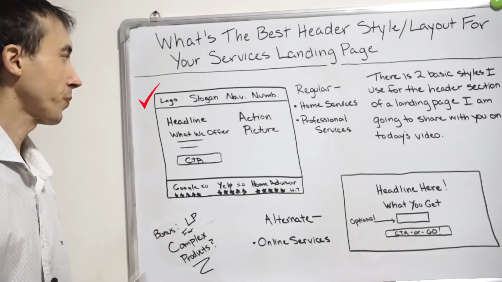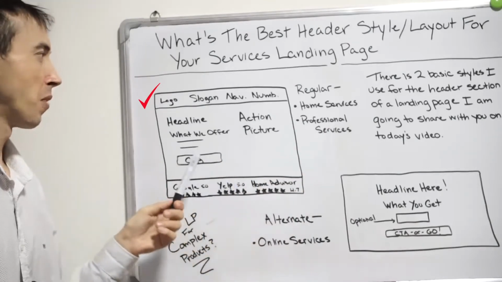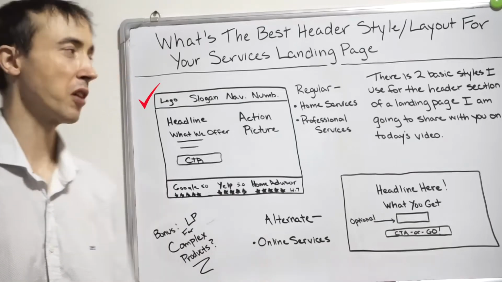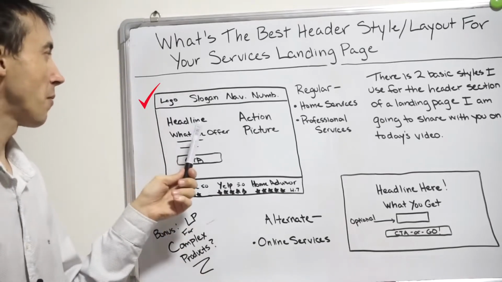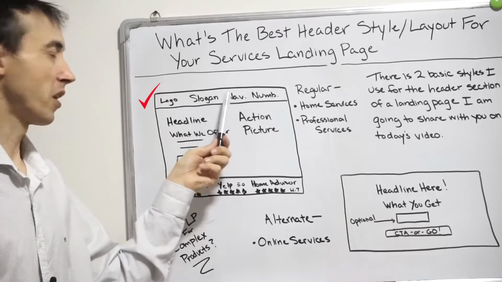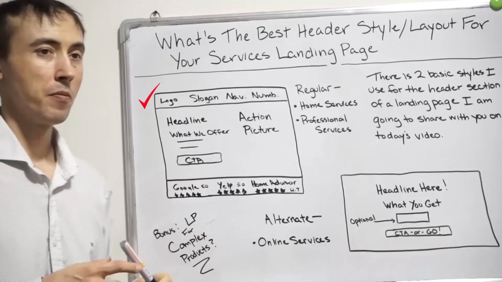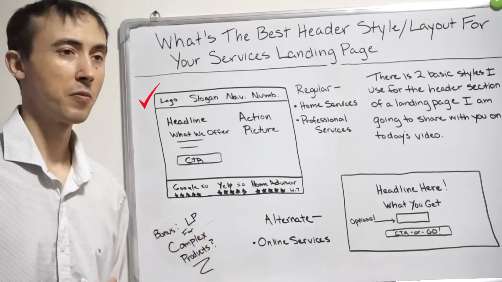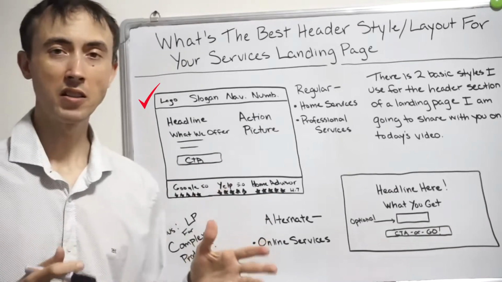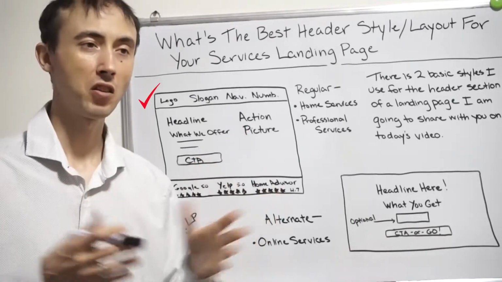For most professional services or home services markets, a $3,000 logo generally will cut it. But your logo up top, where they're expecting it. Now, in some markets, I'm going to have a navigation up there, some not. In most markets, I am going to have a navigation up here if it's a more technical market.